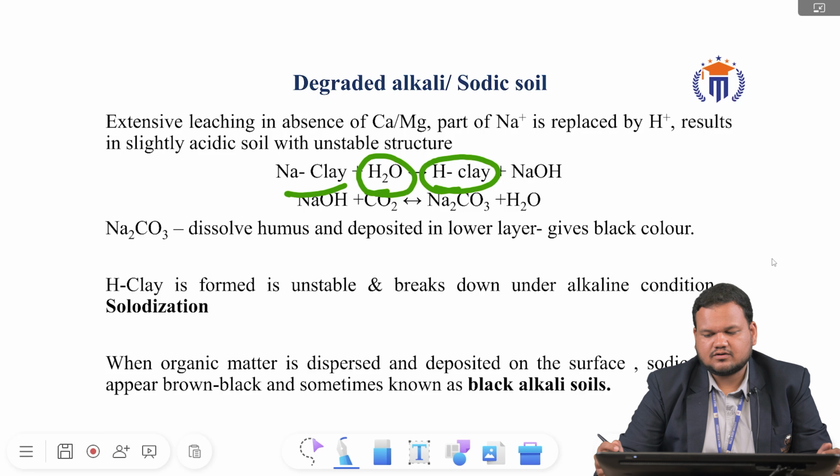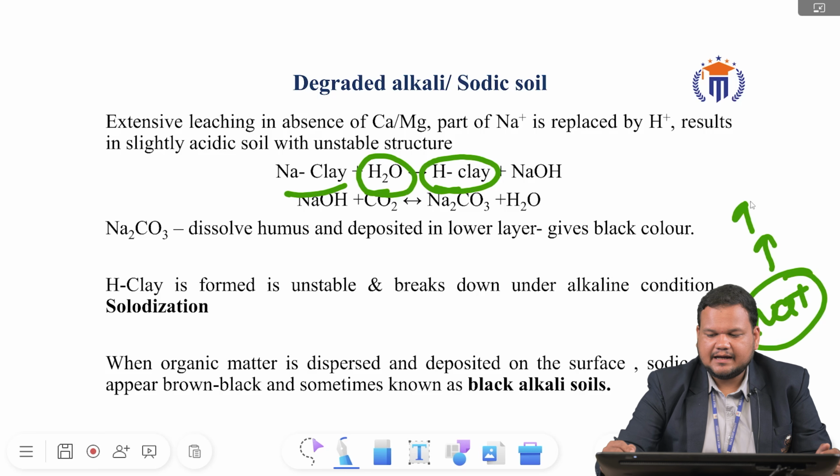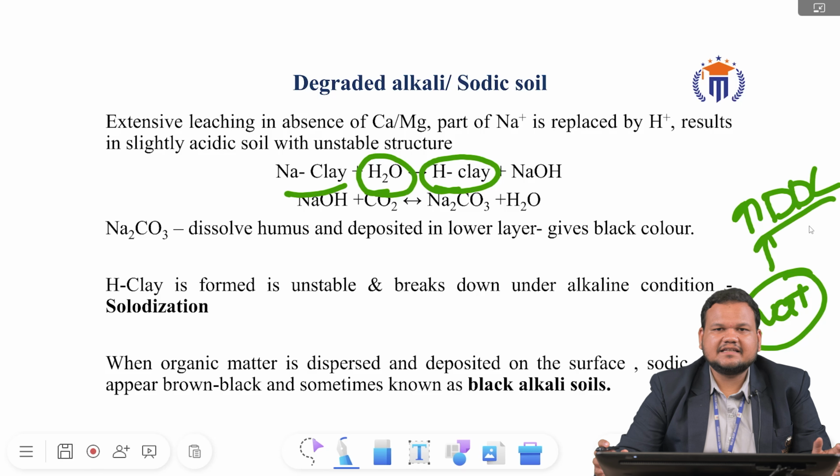Whereas in sodic soil, more sodium is present, which increases the diffuse double layer thickness. As the diffuse layer thickness increases, the clay particles that were formed as an aggregate are separated into single particles, which are able to mix with your organic matter, resulting in the formation of black color in these alkali soils.